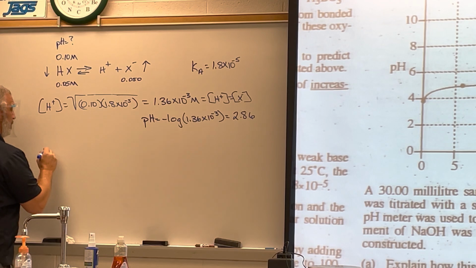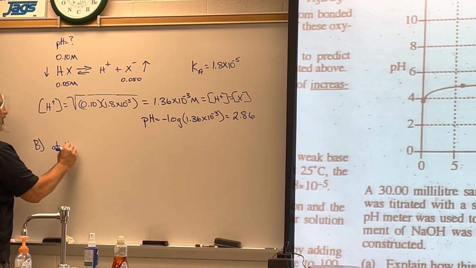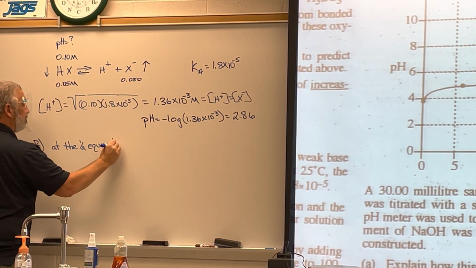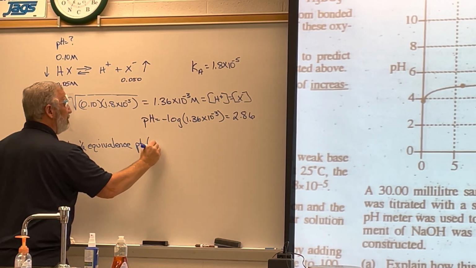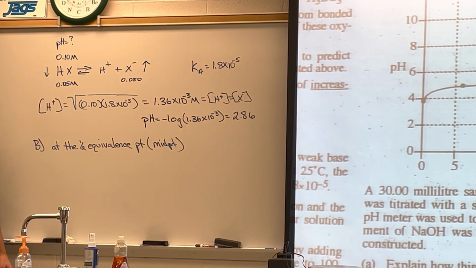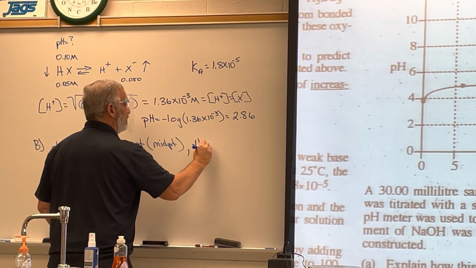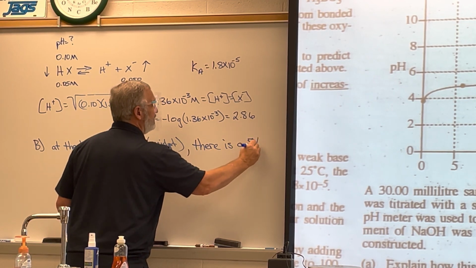So now, what we call the half equivalence point, I tend to call it the midpoint, the halfway point, there is a 50-50 buffer.